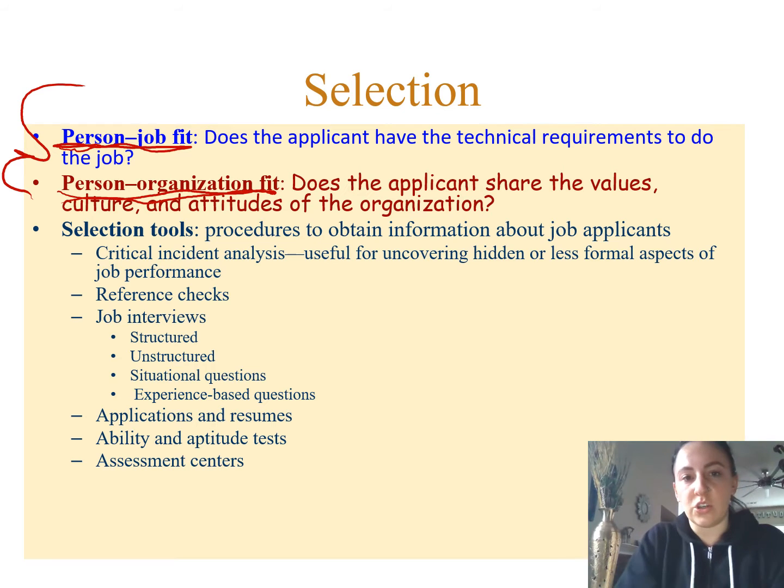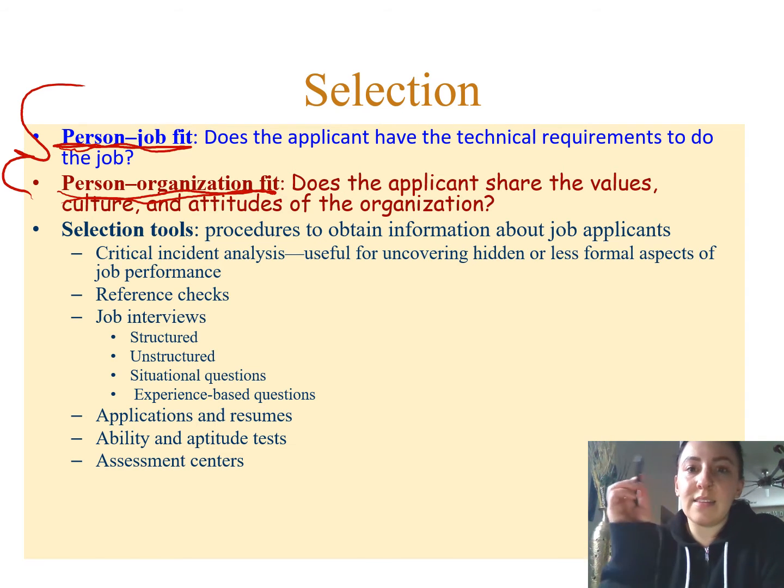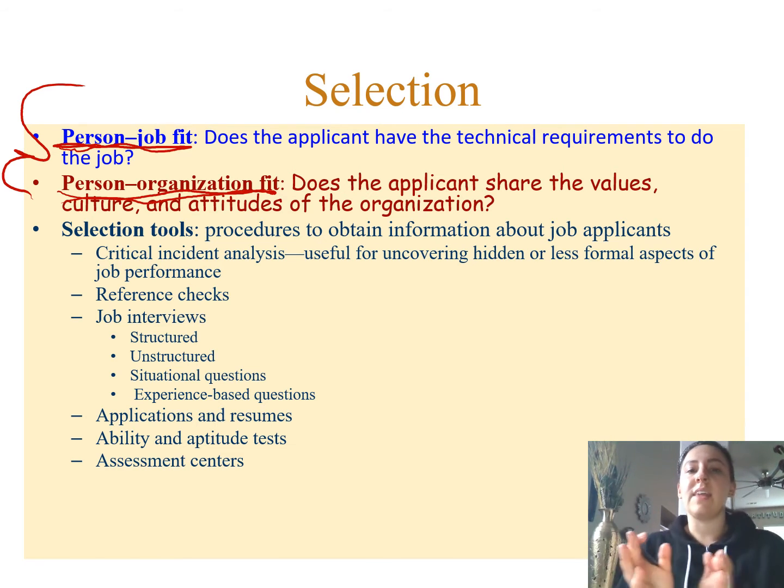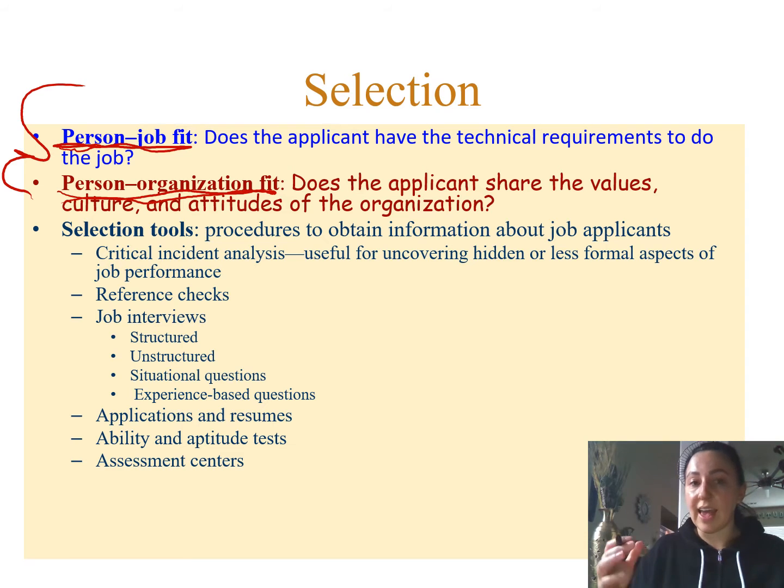If it's a person job fit, that means the applicant would have the technical requirements to do the job. Okay, they have all the technical requirements to fit that particular job. Like they have the education, the certifications, they did the training, they have those skills, certain particular skills for that specific job.